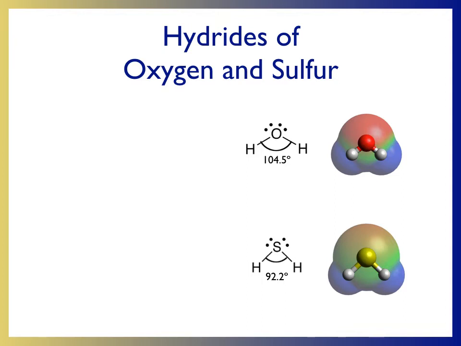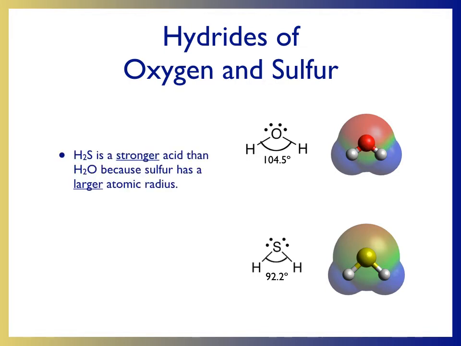The difference in size and the difference in polarity have two consequences in the reactivity of water and hydrogen sulfide. First of all, hydrogen sulfide is a much stronger acid than water. This is due to the difference in atomic size.